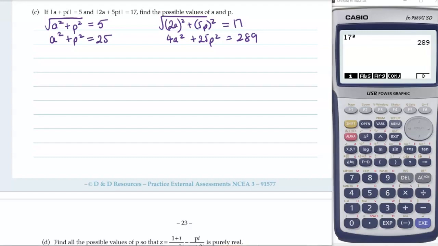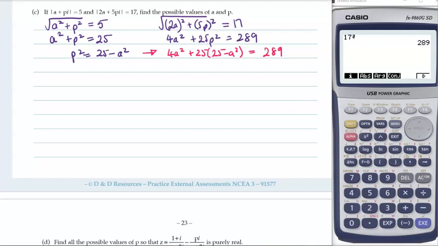Now we'll solve those simultaneously. Let's say that p squared equals 25 minus a squared. And then sub that into this one. So 4a squared plus 25 times 25 minus a squared, taking out the p squared and replacing it with this piece.